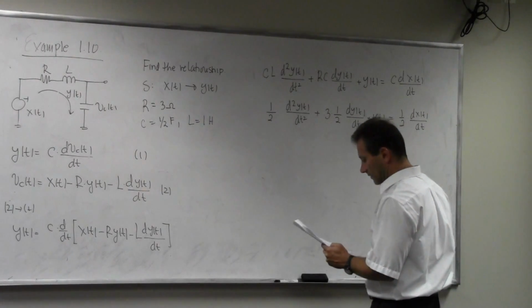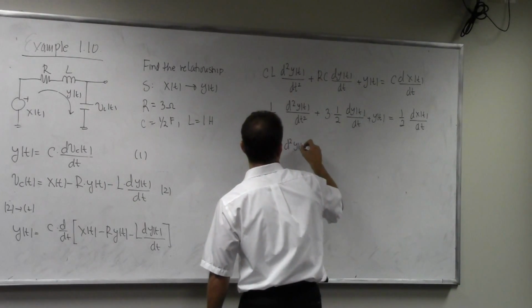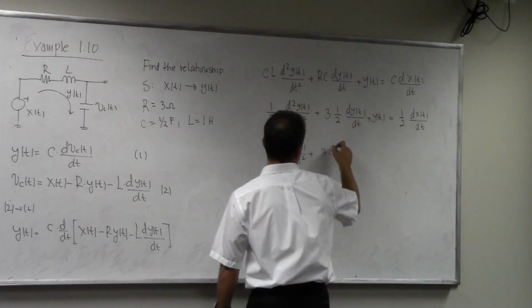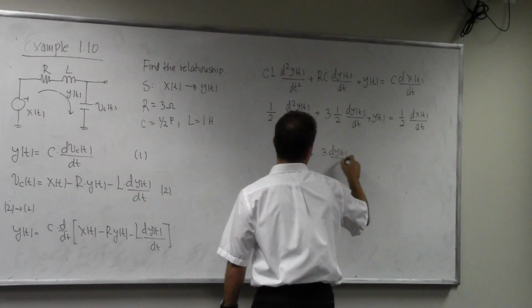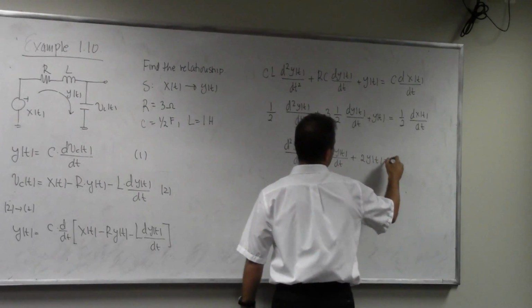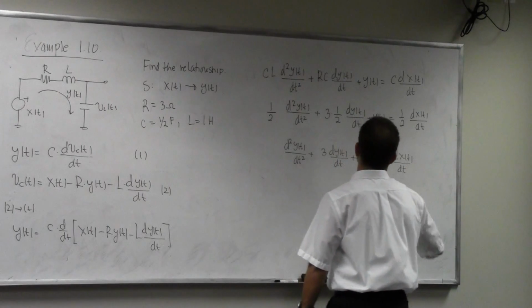If I multiply everything by 2, you end up with d squared y(t)/dt squared plus 3 dy(t)/dt plus 2 y(t) is equal to dx(t)/dt.